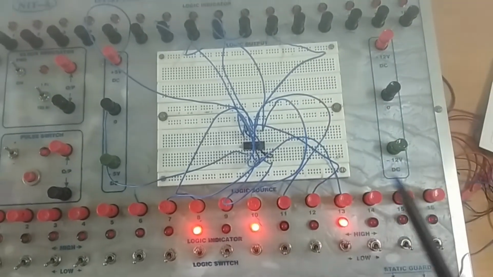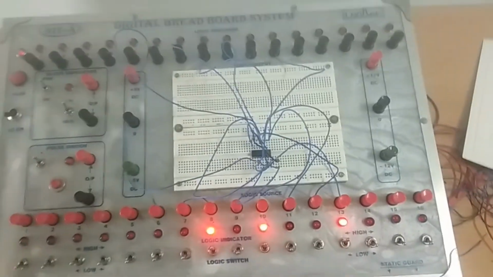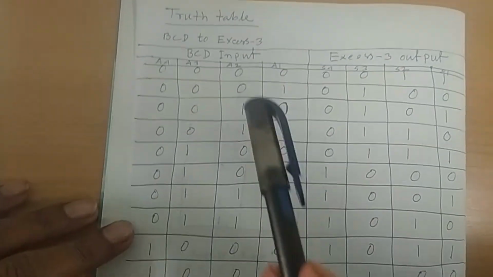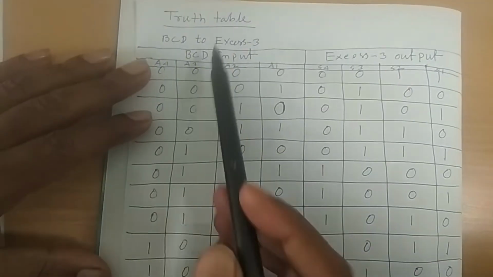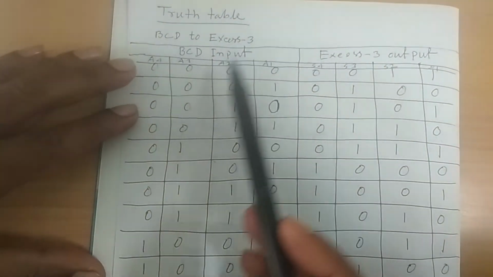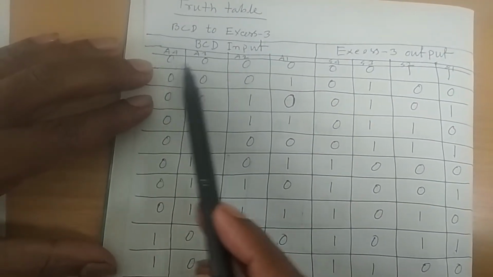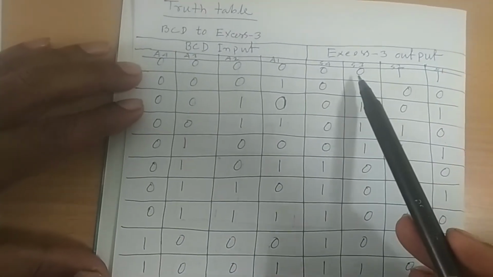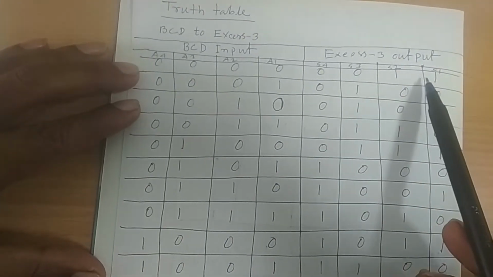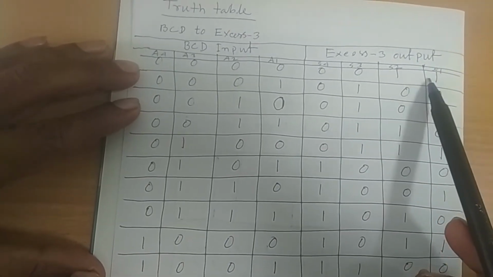Now we are going to verify the truth table. This is the truth table for BCD to XS3. First, if we put A4, A3, A2, A1 all inputs as 0, then the output will be 0, 0, 1, 1, which means it is 3.